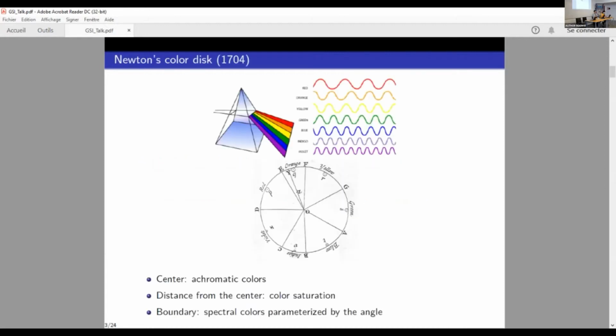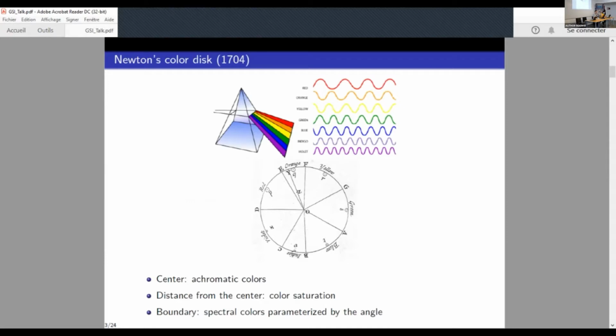First of all, we would like to start by quoting this beautiful picture, that is the first geometrization of color, proposed by Newton himself in 1704.